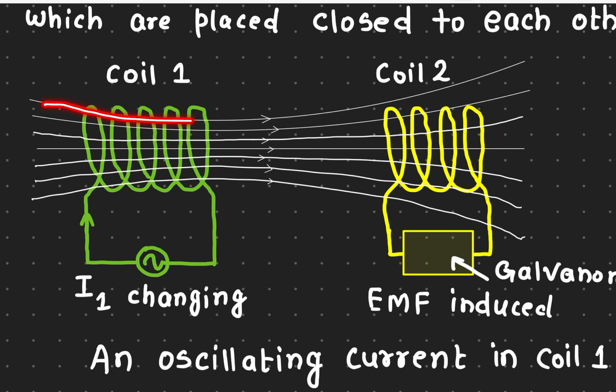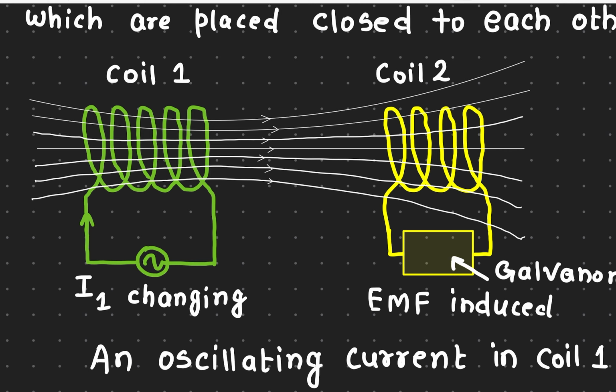And then some of this magnetic field, or what we call the flux, also passes through a secondary coil. And these two coils are by no means connected to each other. So as there are magnetic fields produced by the first coil, there will be some magnetic flux passing through the second coil as well.